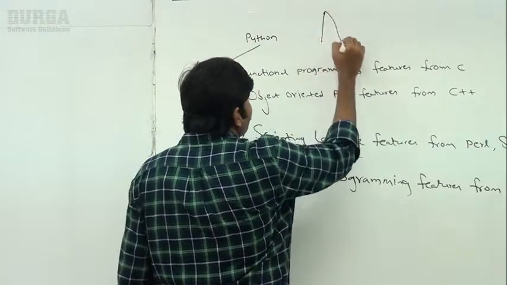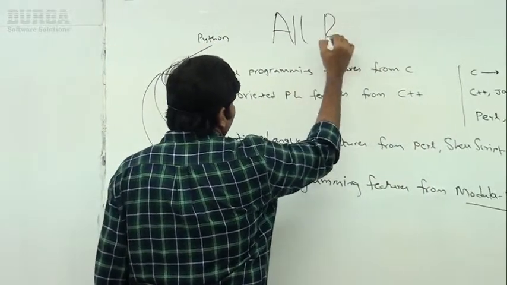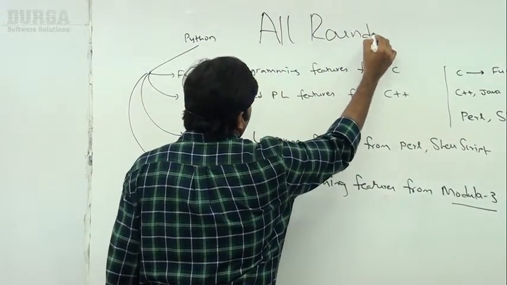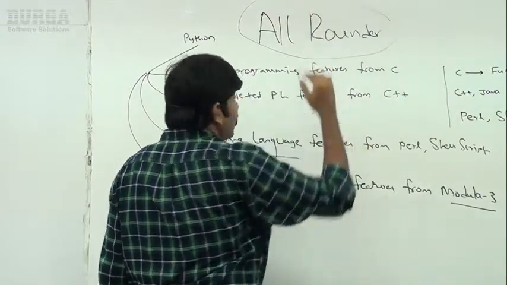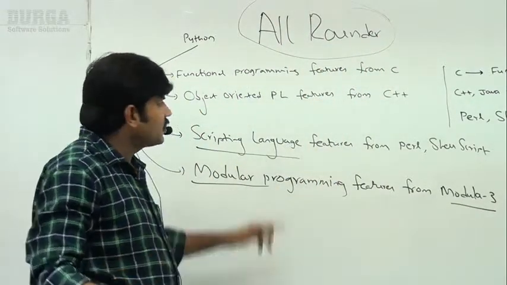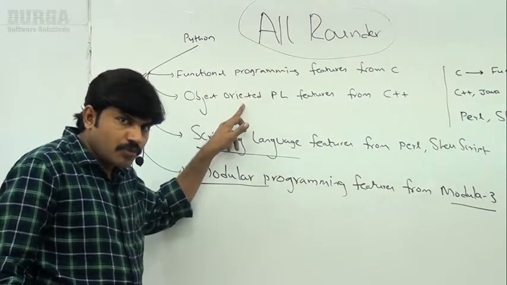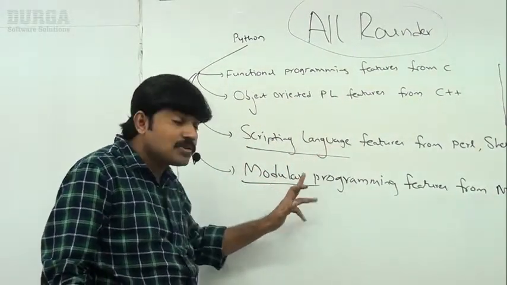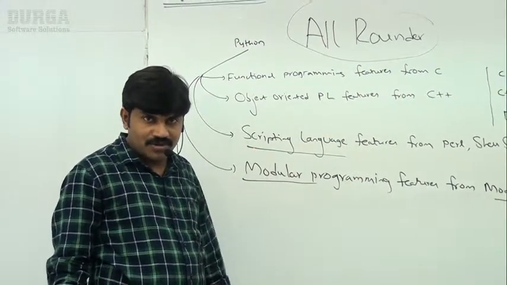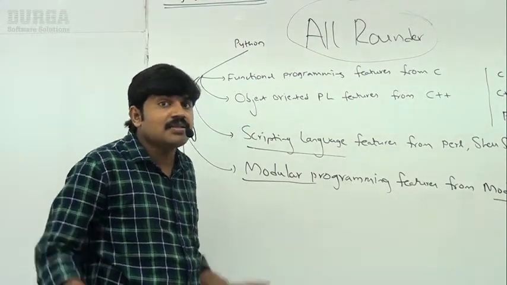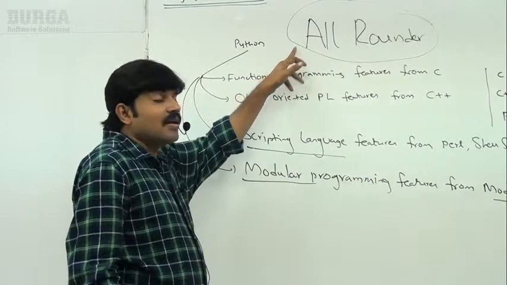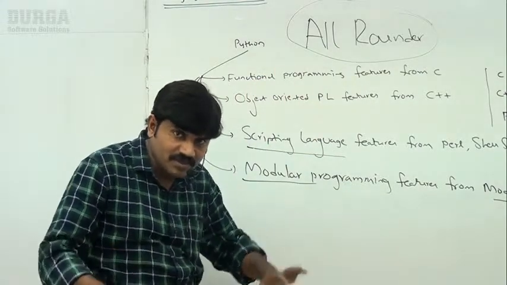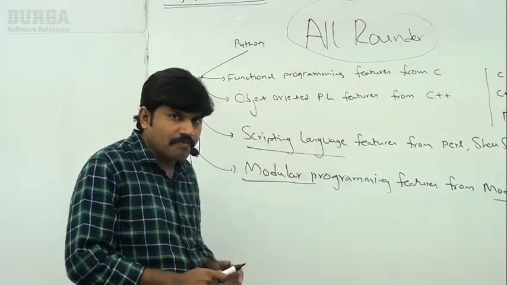Python is everything. It is a functional programming language, an object-oriented programming language, and a scripting language. Python also acts as a modular programming language. Python can enjoy the benefits of all these programming paradigms.